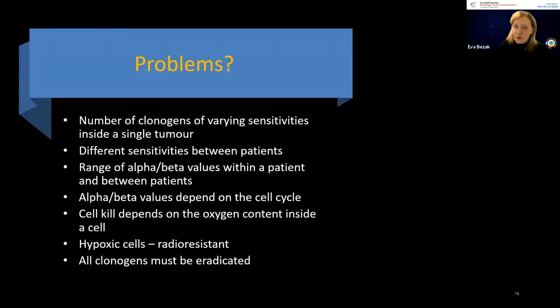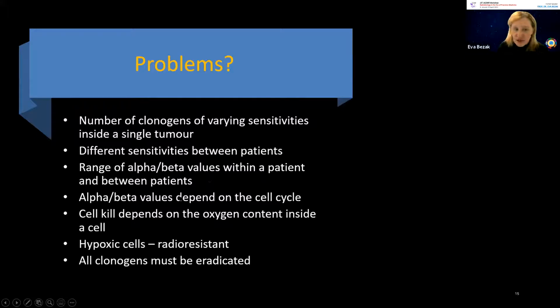So there are lots of problems with these models because in real patients, the number of clonogens can have varying sensitivities inside a single tumor. They don't have the same alpha beta. You will have different sensitivities between patients. So therefore, you will be dealing with a range of alpha beta values within a patient and between patients.